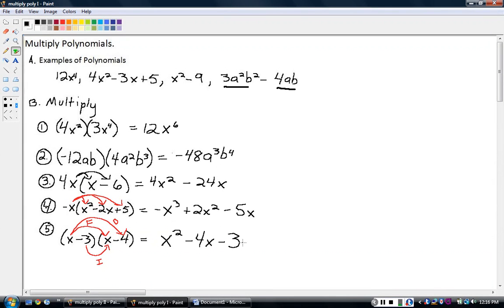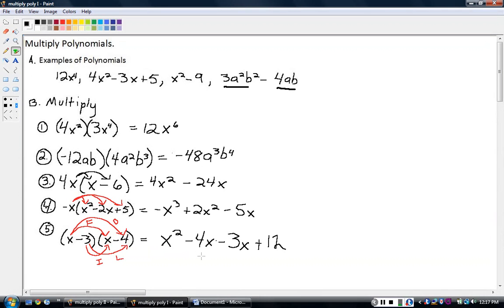And then finally, to finish spelling FOIL, we need an L. That is negative 3 times the negative 4. That gives me my L in FOIL. That's just the way to remember to make sure I multiply all the terms. And negative 3 times negative 4, of course, is positive 12.